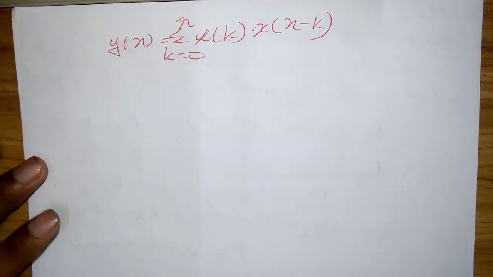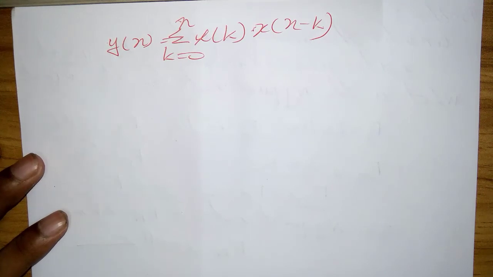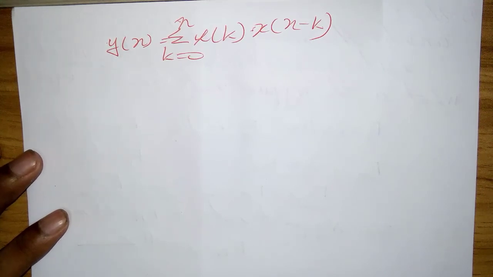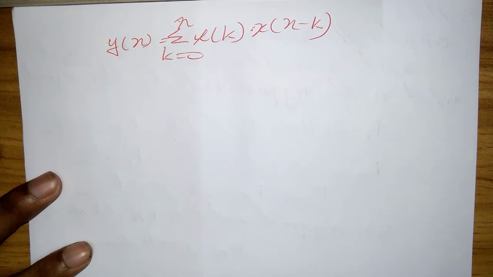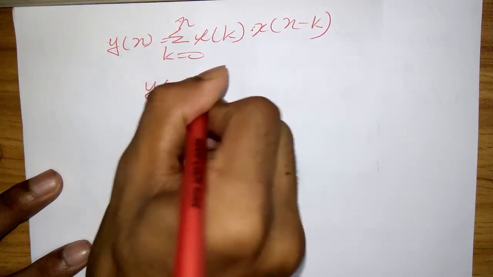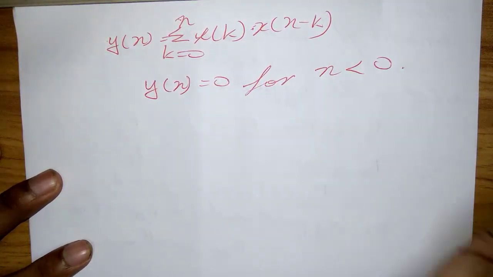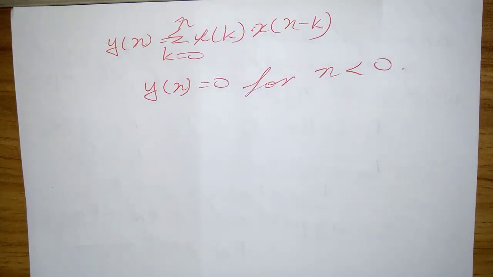We observe that in this case the limits of the summations for the two alternative forms are identical, and the upper limit is growing with time. Clearly the response of a causal system to a causal input sequence is causal, since y of n equals 0 for n less than 0. So that's the causal LTI system.